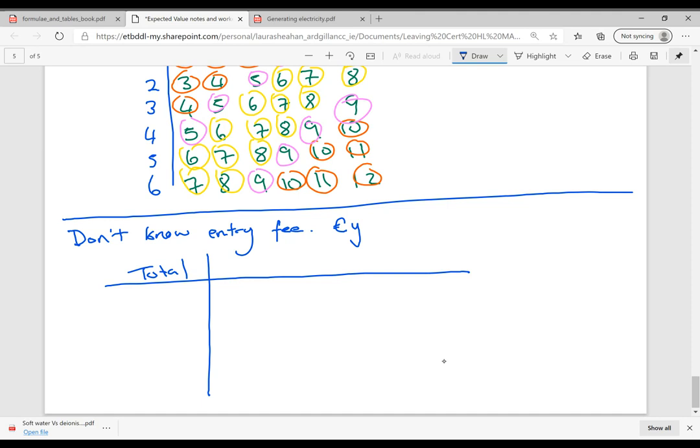X, PX, and XPX. So if the total is 2, 3, 4, 10, 11, and 12, you had 12 over 36, remember from the last time, or it'll actually be easier maybe here to use the simplified fraction, so 1/3.